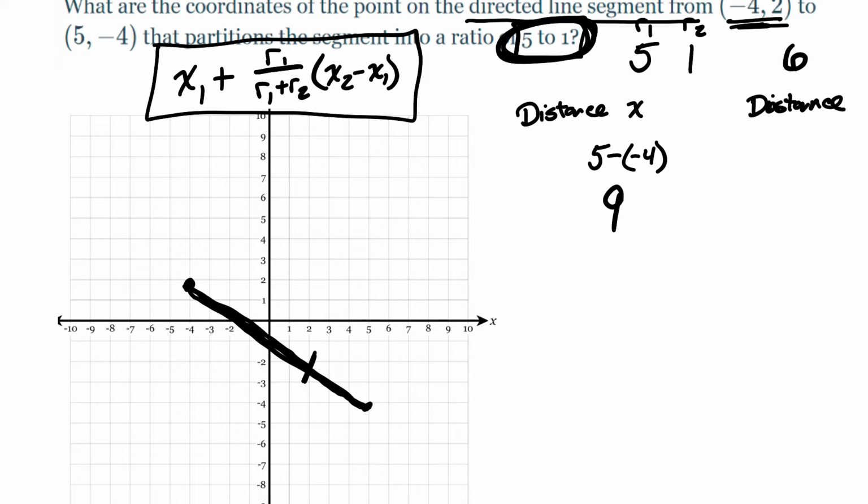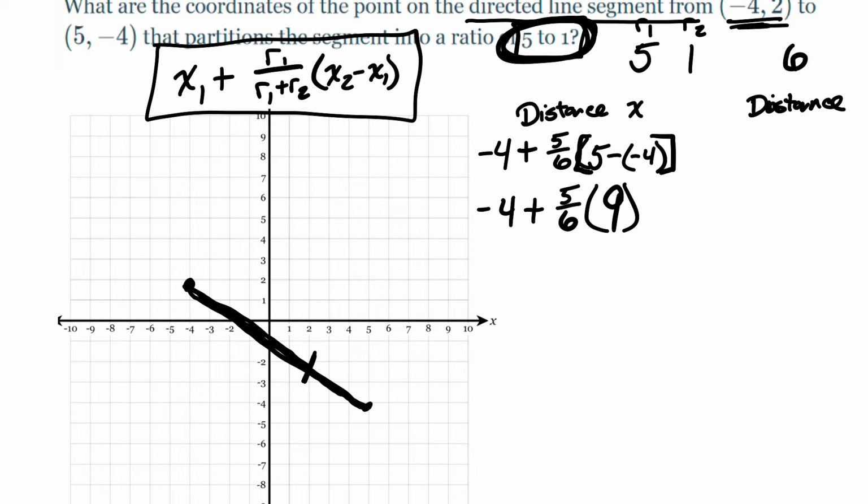But what I need to know is that we are going to be 5/6 of this distance away. And since the distance is 9, we are going to be 5/6 of the way. Now we started at point -4, so we're going to add this value to -4. What this will do is give us the x value.